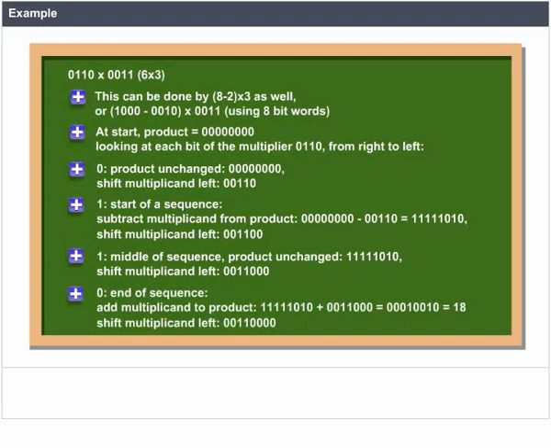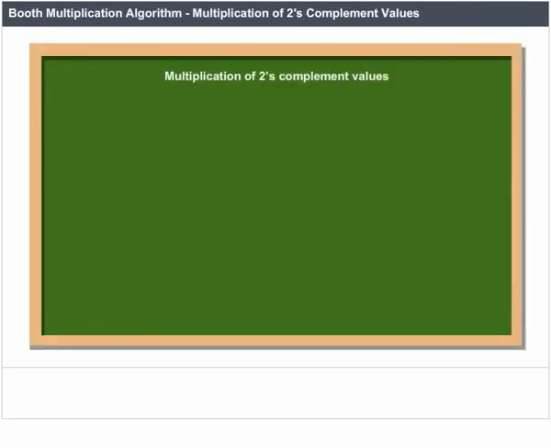Add multiplicand to product: 11111010 plus 00110000 equals 00010010, which equals 18. Shift multiplicand left, 00110000.